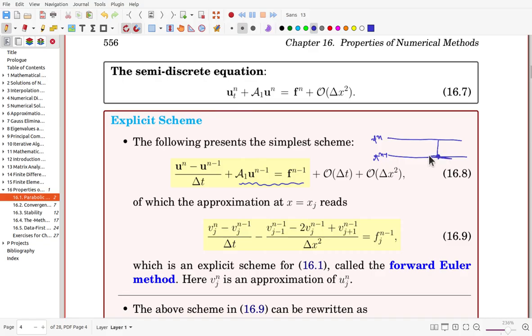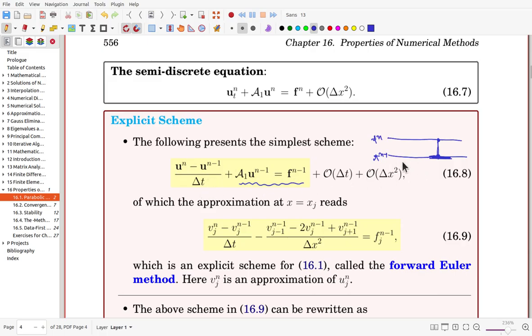So the time derivative is made along with the difference from t_{n-1} to t_n.